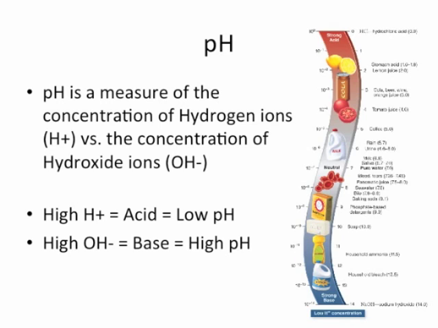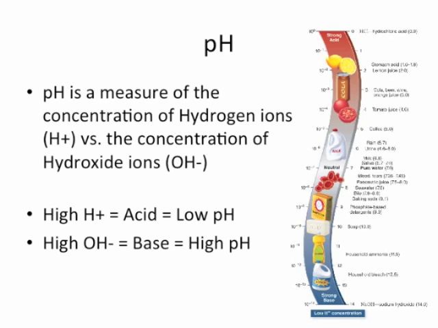The opposite of that, if H+ is low and OH- is high, is called a base, and that is high in pH. So pHs of 10, 11, 12, 13, like soap, ammonia, bleach, sodium hydroxide, those are all very high in OH-, so they have a high pH and are bases.